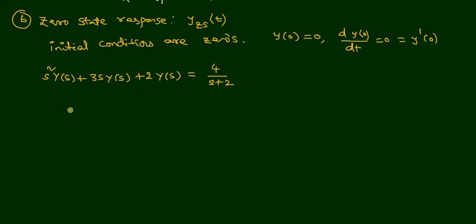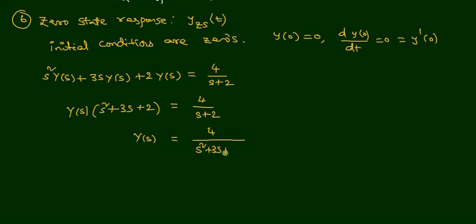So now Y(s) into (s² + 3s + 2) equals 4 by (s + 2). Therefore Y(s) equals 4 by (s² + 3s + 2)(s + 2).